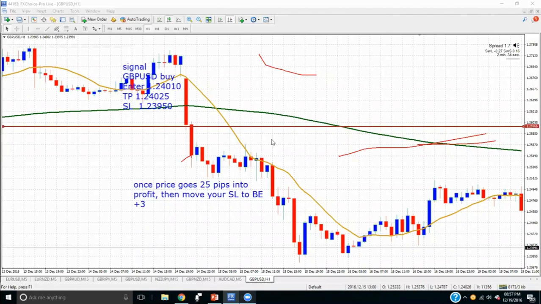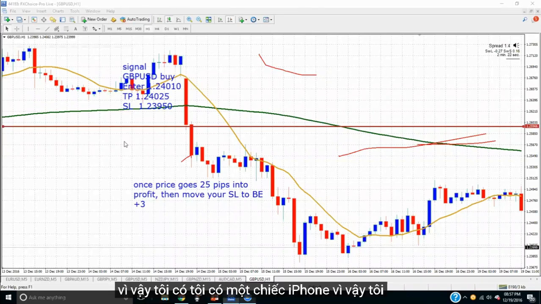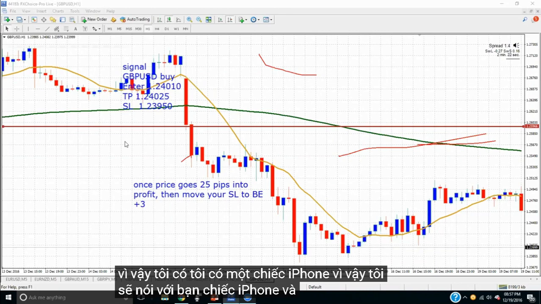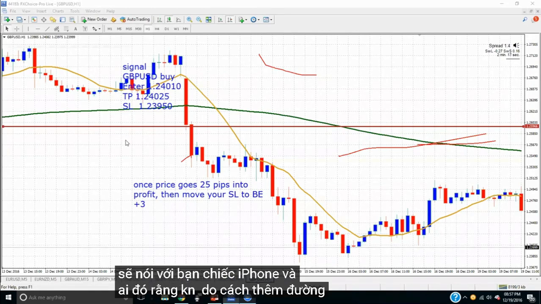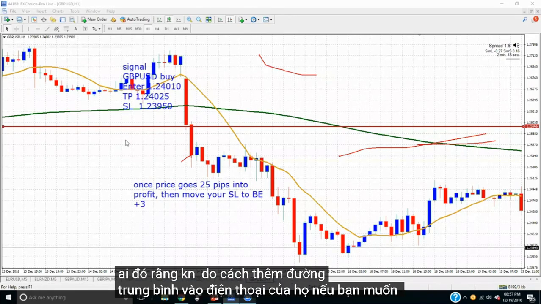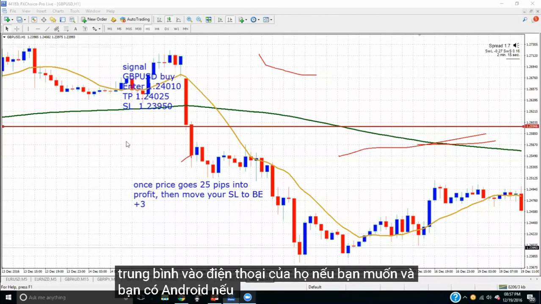And everybody in the chat, you're going to help everybody that has an Android, because I have an iPhone, so I'm going to tell you the iPhone, and somebody that knows how to add a moving average to their phone, if you have an Android, say so in the chat.